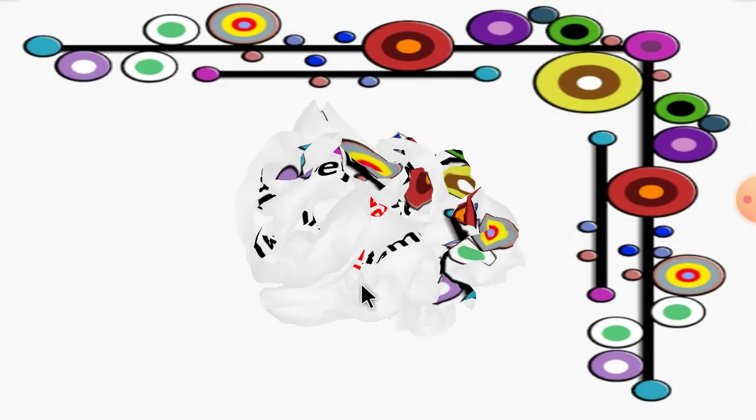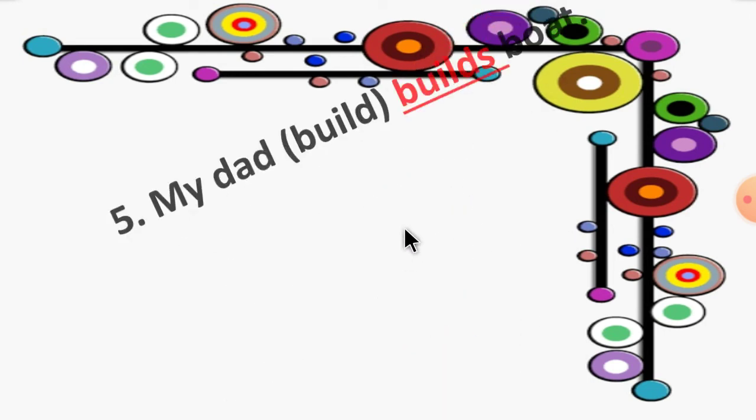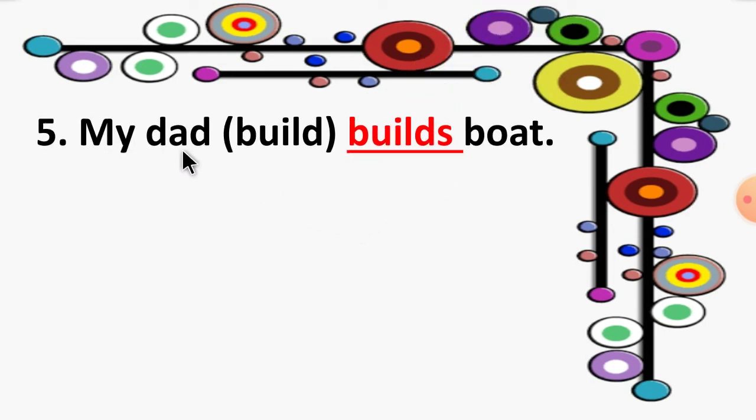So let's see FB number 5. My dad built. So here my dad means a male person. So for a male person we are using he. So which rule will we apply?